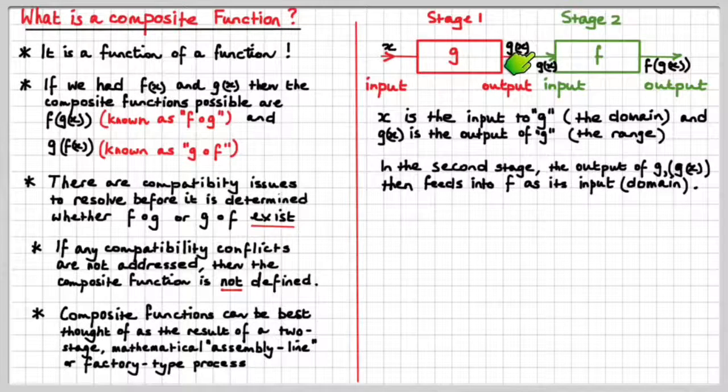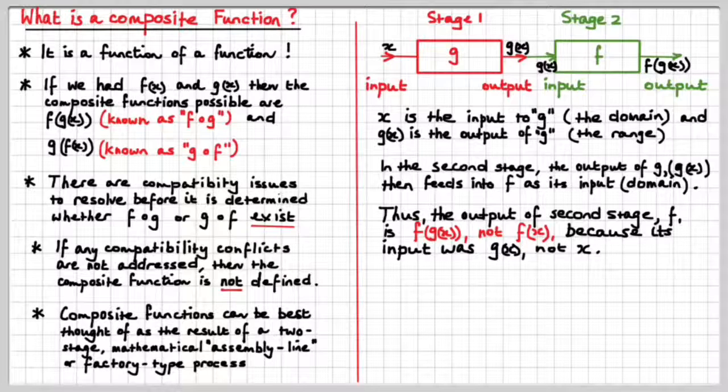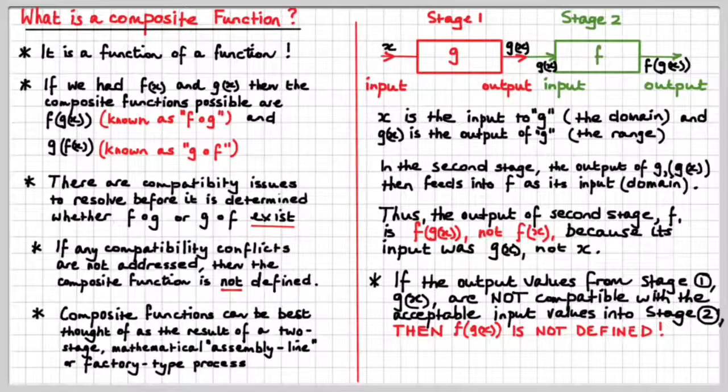What comes out of here has to go straight into there as its input, okay? So in the second stage, the output of g feeds into f as its input or domain, okay? Are you getting this? That's the concept. I just want you to get the concept. Thus, the output of the second stage f is f of g of x, not f of x, because x didn't go in there. G of x went in there, okay? That's what it's all about.